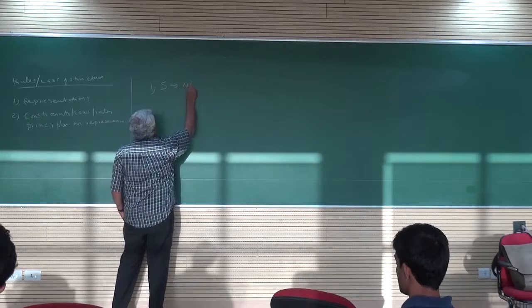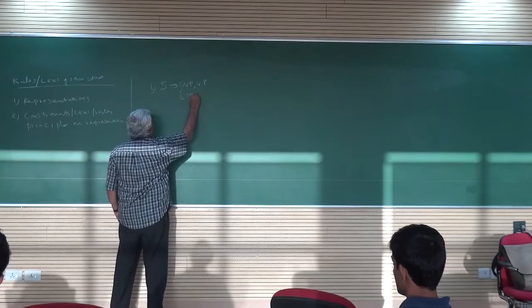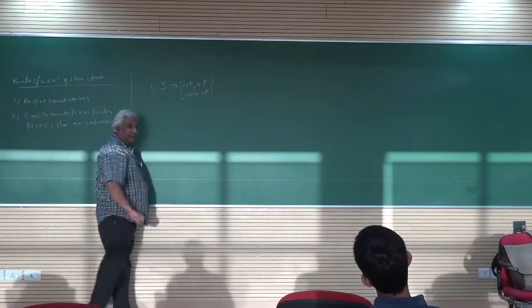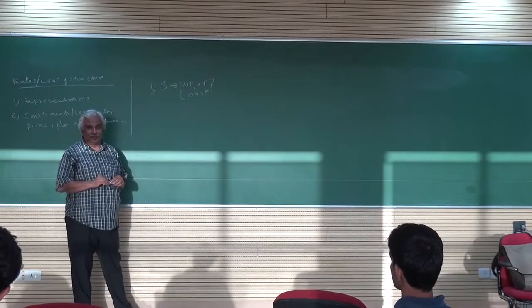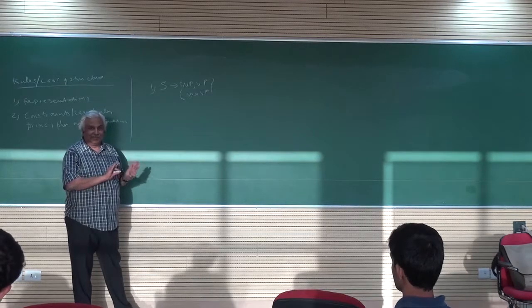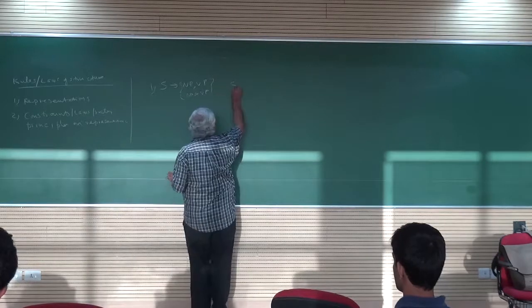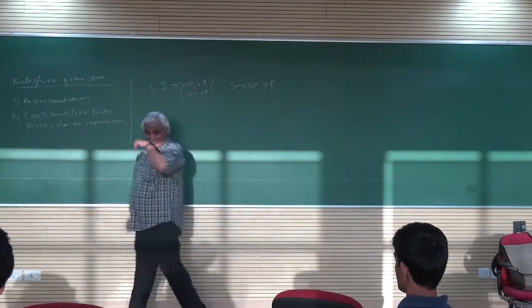S goes to NP VP, and NP precedes VP. Incidentally, the way in which I'm writing this is not the way you will see in textbooks. I'm changing the textbook notation. In a textbook, you will not see a comma.